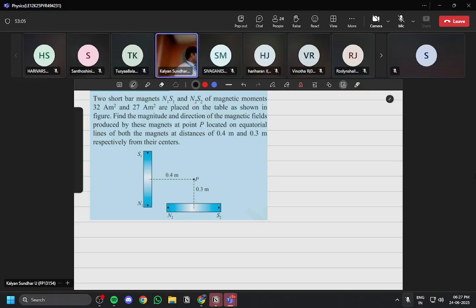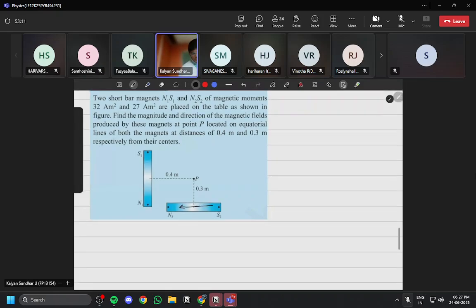So for this north-south, the dipole direction goes from south to north in this direction, correct? Your magnetic field direction will be in the opposite direction, so let it be B2. For this equatorial line, the dipole will be in this direction, right?